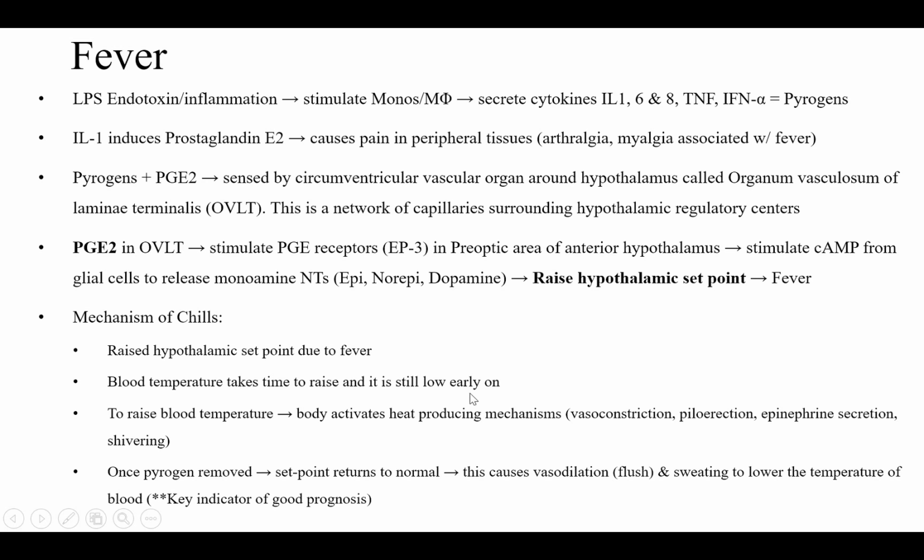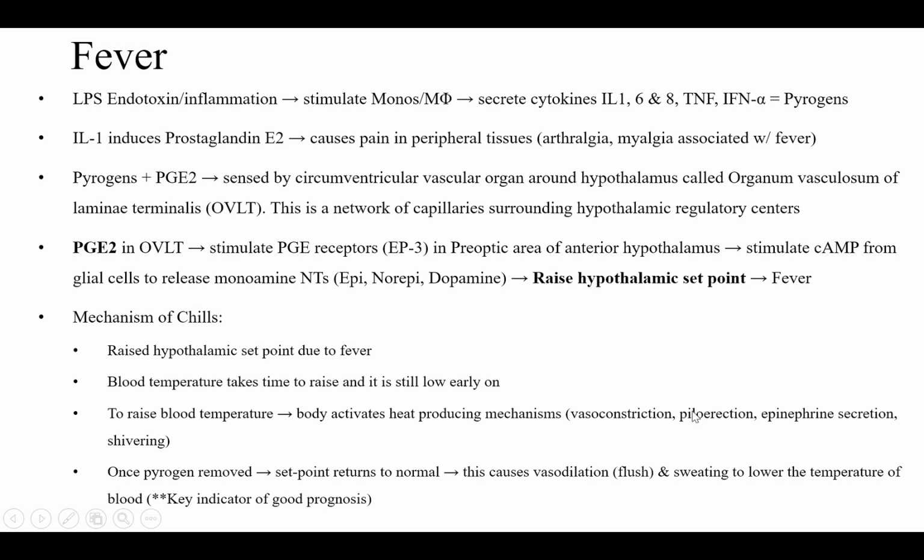It's low early on. So to raise the temperature of the blood along with the core temperature, the body activates heat-producing mechanisms, which are vasoconstriction, piloerection, epinephrine secretion, and shivering.